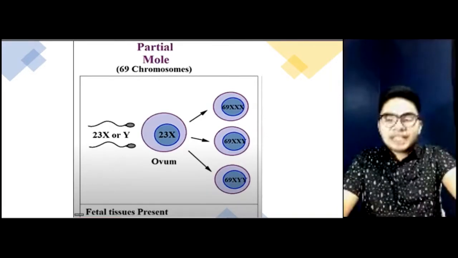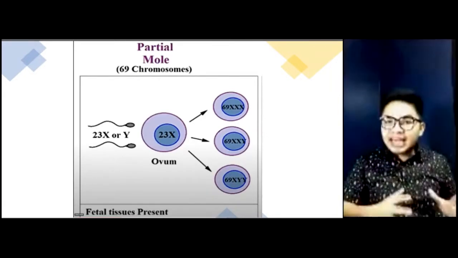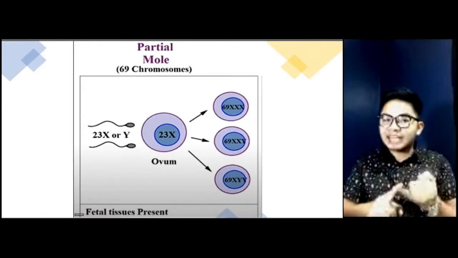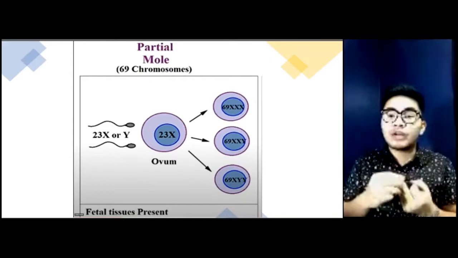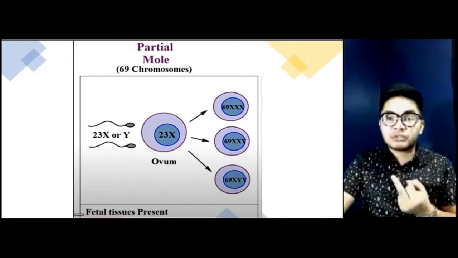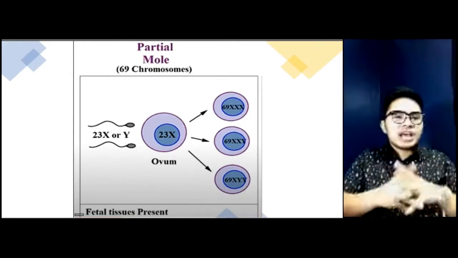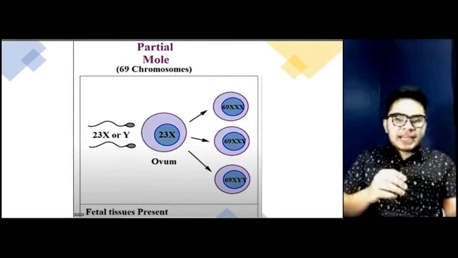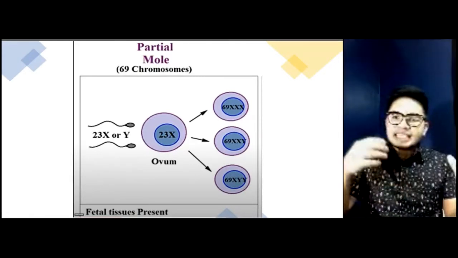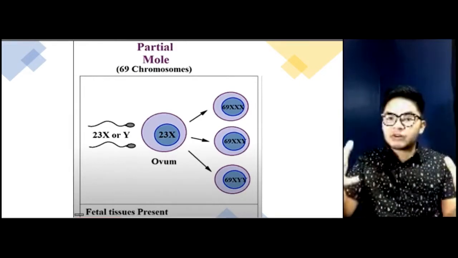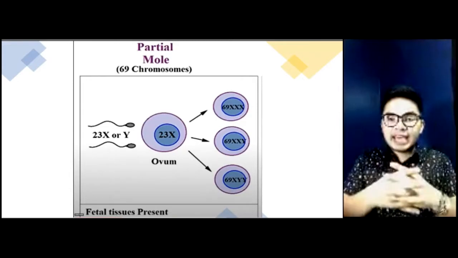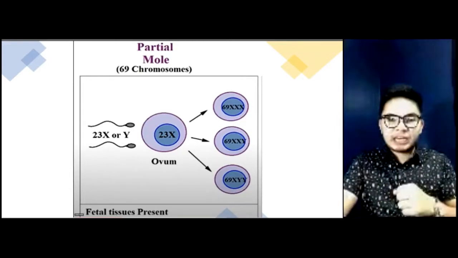I would like to reiterate again, the male produces either X or Y chromosomes, while the female produces only X chromosomes. So for example, if a Y chromosome fertilizes an egg which is, as I said earlier, X-only, Y and X, the result would be XY, expect a male baby.